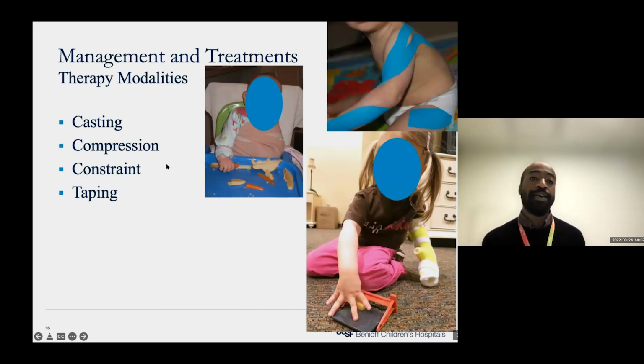The ideas of compression, casting, and constraint are all to limit the use of the unimpaired limb and promote the use of the more impaired limb, so that learned disuse doesn't set in for the child as they are learning to do new things and new tasks. Taping, which is in the upper right, helps to promote more normalized movement patterns that, due to spasticity or tone, a child may have more difficulty with.